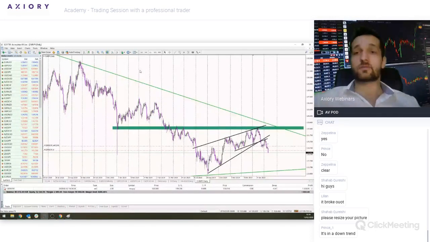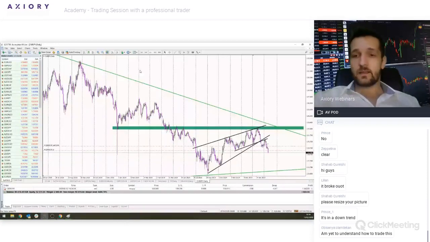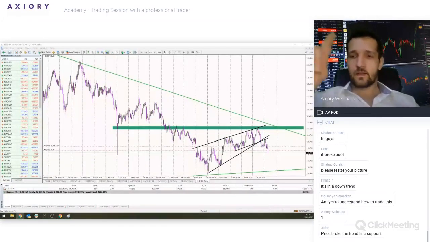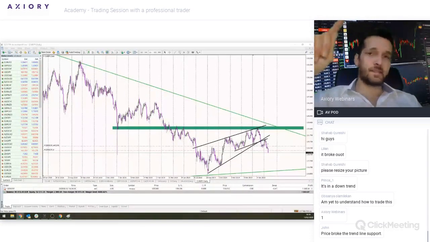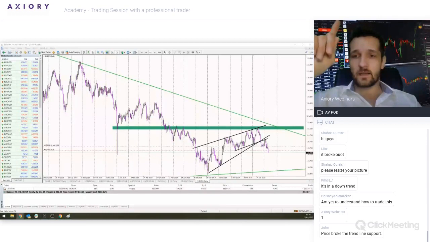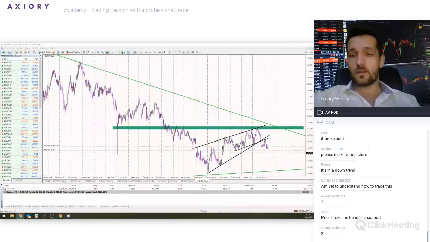It's in a downtrend. This is number 1. Downtrend. So in a downtrend, you can only sell. Nice. Price broke the trend line, support. This is 2.